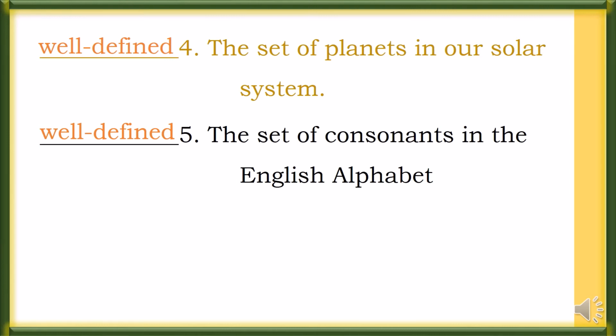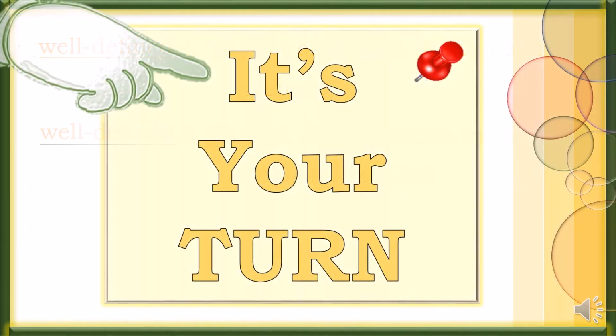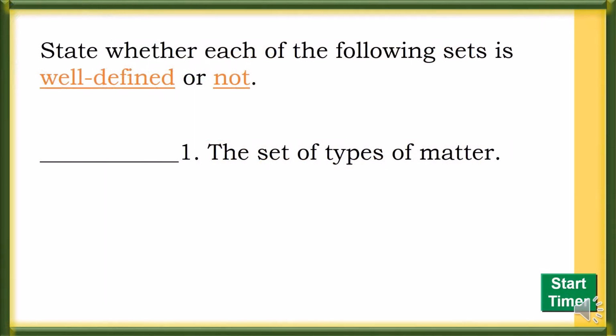Now it's your turn to answer, but this time you are given 20 seconds to give your answer. Let's begin. State whether each of the following sets is well defined or not. Number 1, the set of types of matter. Is it well defined or not?